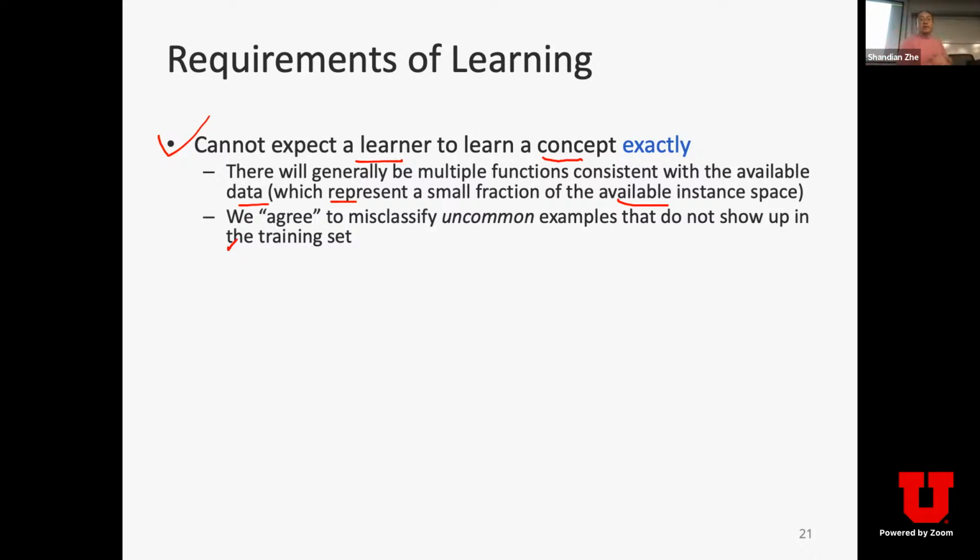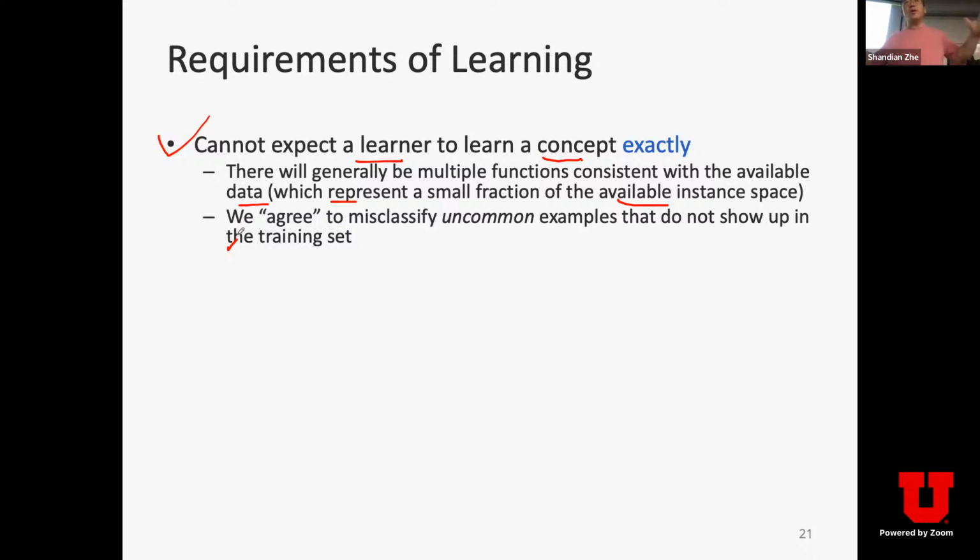The second is more realistic. Because we're sampling instances from the instance space according to some complicated data distribution, remember, when you do sampling, you're going to draw samples from high density regions. Samples with high probability density are more likely to be drawn. In other words, if your instance is rare according to the distribution, then it's less likely to show up in your training data set.